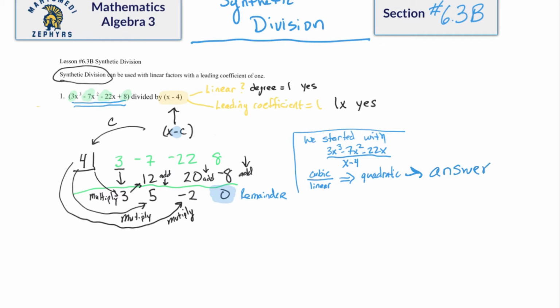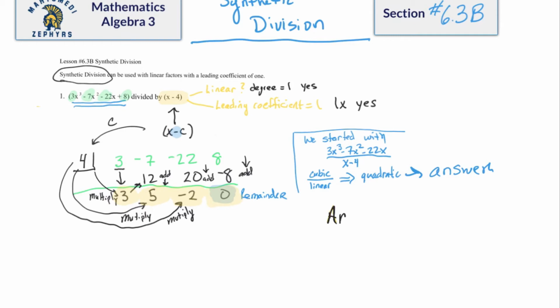Okay, so that means it's going to have an x squared to start with, and we know that that coefficient is going to be 3. The next number will have a coefficient of 5, then negative 2, and obviously when the remainder is 0, we don't have to write that down.